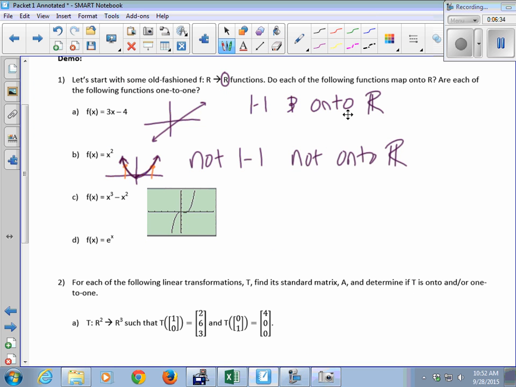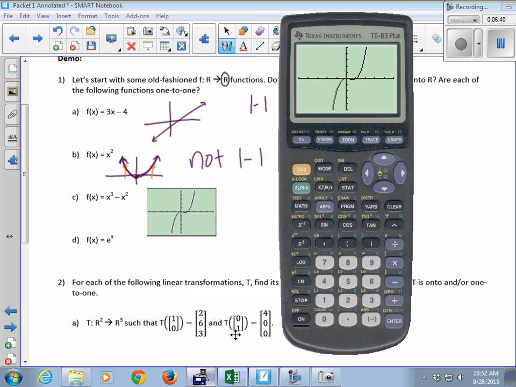Okay, does it pass the horizontal line test? It doesn't. It's got a little bump in it. It's hard to see, but if I zoom in here a little bit, so let's change the window and make y go from like -1 to 1. It's got a little bump, right? So this is actually not one-to-one. It fails the horizontal line test.